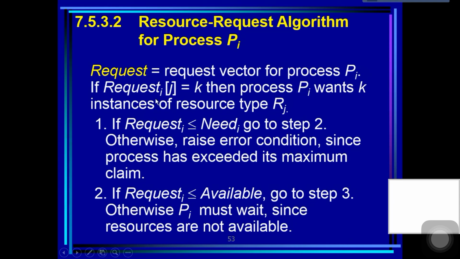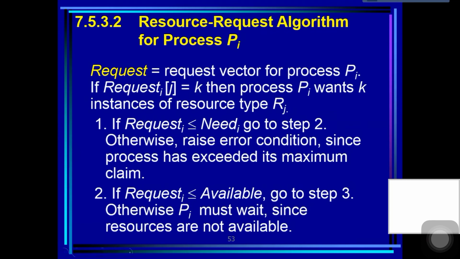If request ij equals to k, then process pi wants k instances of resource type rj. First step, if request i smaller or equals to need i, go to step 2.